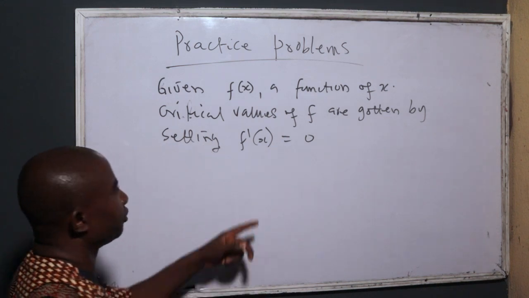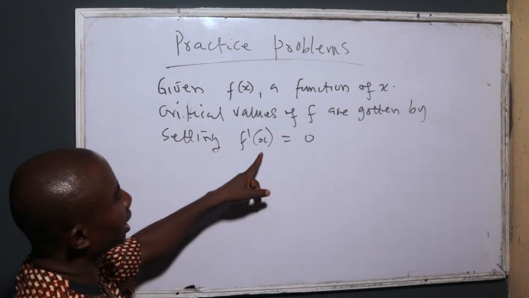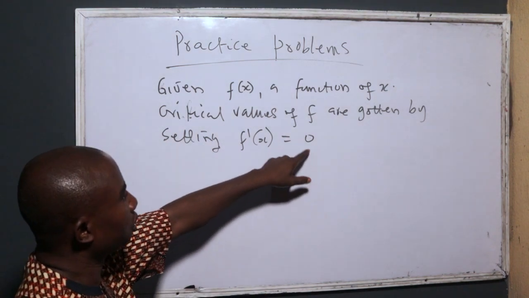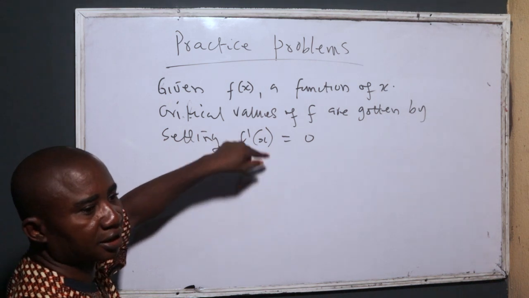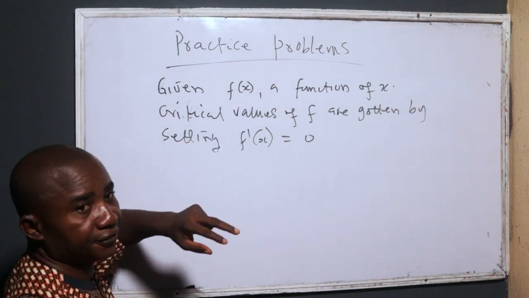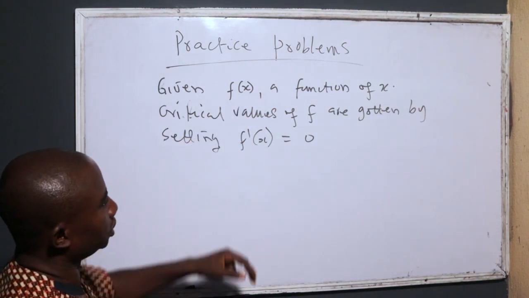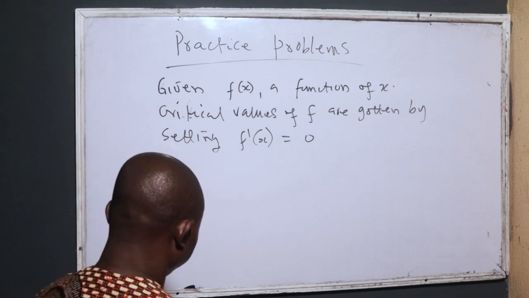So when you set f prime at x equals 0 and then you solve the resulting equation, whatever you get is a critical value of the function f. So that is it.